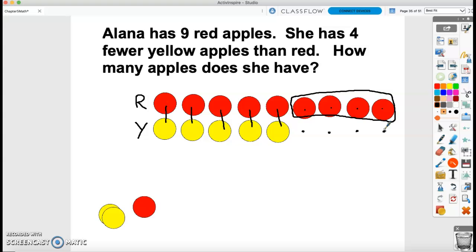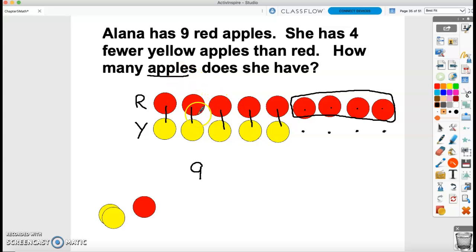So let's write a number sentence. Alana has 9 red apples. So I know 9 is the most that she has. It's the bigger number. So I'm going to start with 9. And when it says, how many apples does she have? We're not comparing them anymore.